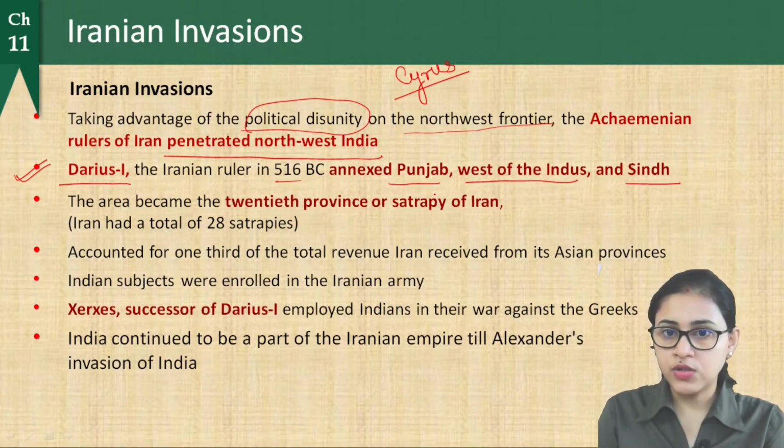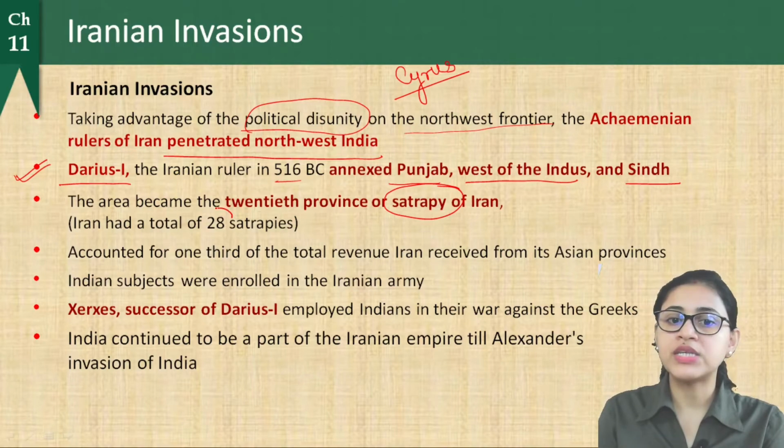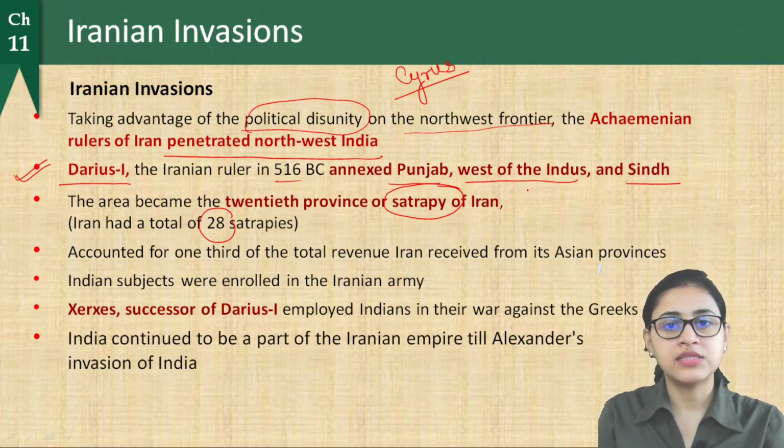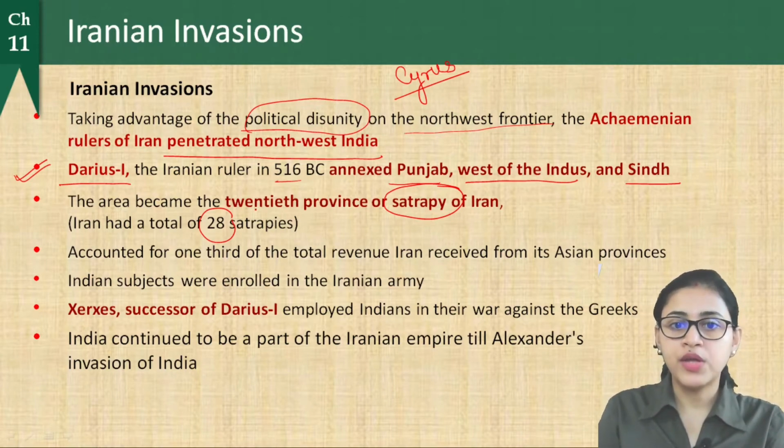Provinces in Iran are also called satrapies. Iran had a total of 28 satrapies, and out of these 28 satrapies, this portion of India, that is Punjab, west of Indus, and Sindh, together formed the 20th province of Iran.